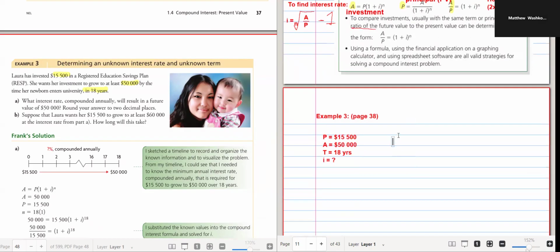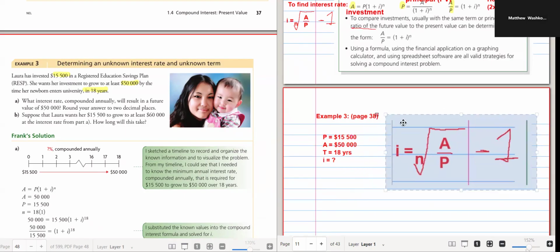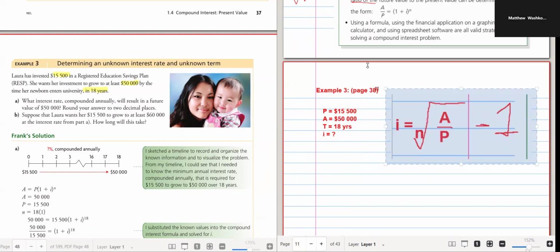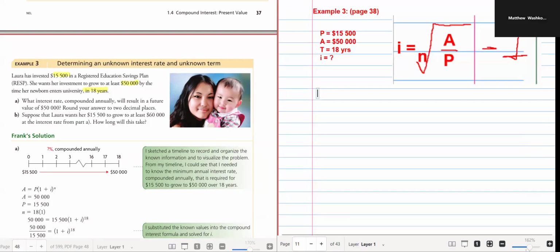So if that's the case, I need to use my latest formula, right? This is where it gets a little bit freehand for me, so I'll do my best. So I is going to be equal to, all I'm going to do is substitute stuff in. Make this bigger for this one.